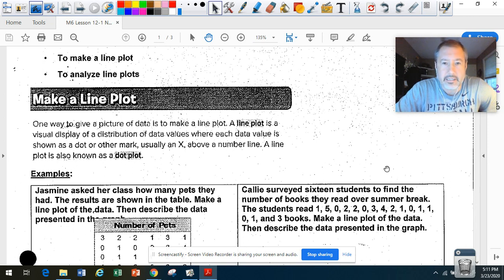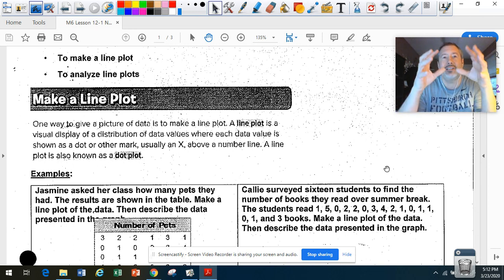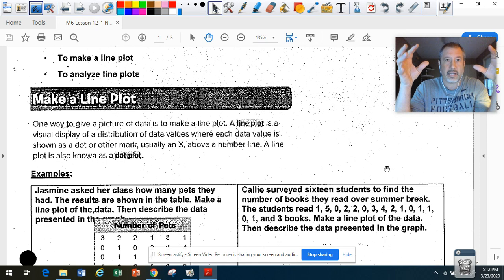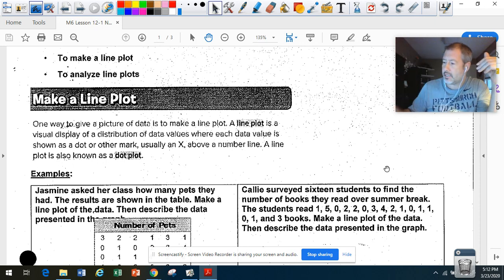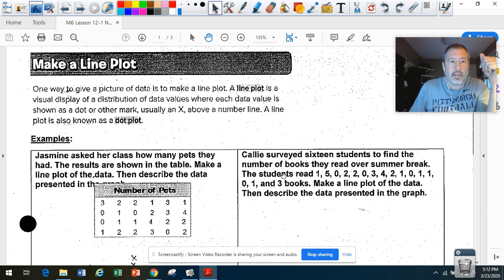A line plot is a visual display, so it's something that we can see, of the distribution of the data values, where each data value is shown as a dot or another mark, usually an X, above the number line. Okay, a line plot is also known as a dot plot. So what we're looking at here is, okay, how is this data distributed across a number line? So let's take a look here at the examples that we have.